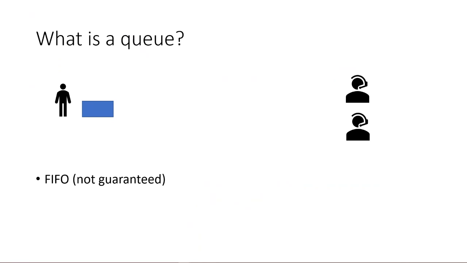It's broadly speaking first in, first out, although that isn't guaranteed. The reason it's not guaranteed is for things like message locking and partitions and a number of things that I won't really be covering here. But broadly speaking, it's first in, first out.